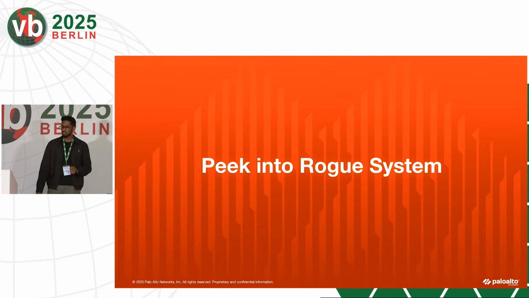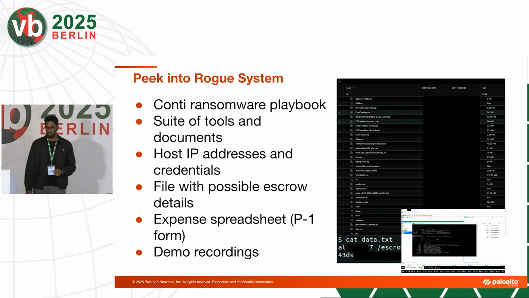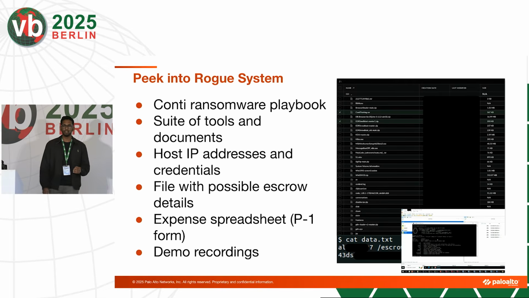This access to the rogue system ended up being a pretty big forensic goldmine for us. We will now talk about some of the files and artifacts that we recovered that helped us connect some of the dots here. We found an archive file, contitraining.rar. It contained a torrent file that was created somewhere in the middle of 2021.